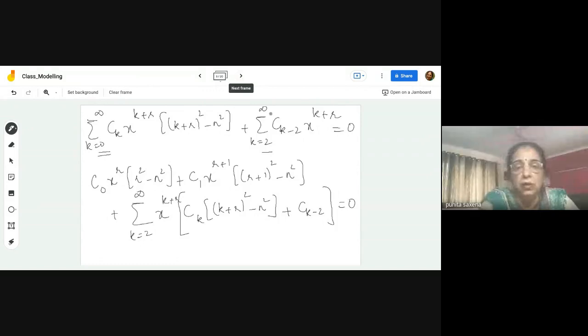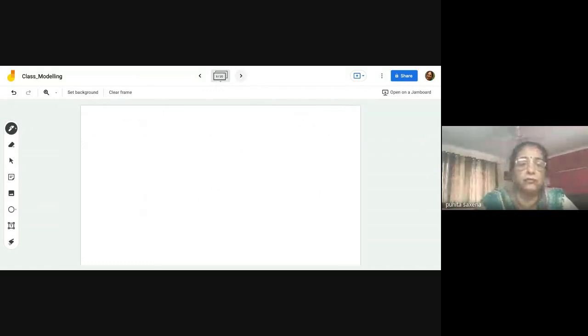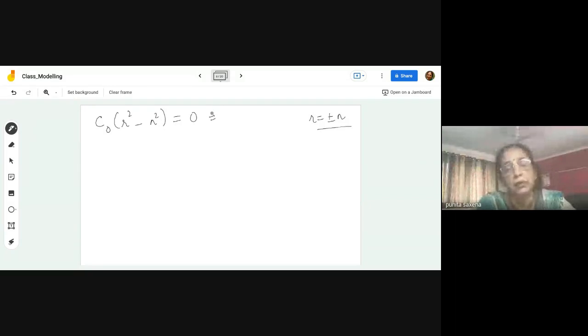Now we equate the coefficients to 0. So from the first term, what we are going to get is c naught into r square minus n square is equal to 0. Now we have already concluded that r is plus minus n. So basically your r square is equal to n square. So from here, though we cannot draw any conclusion, we are assuming that c naught is not equal to 0.